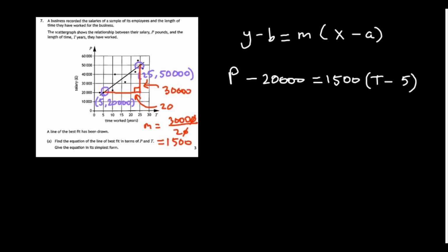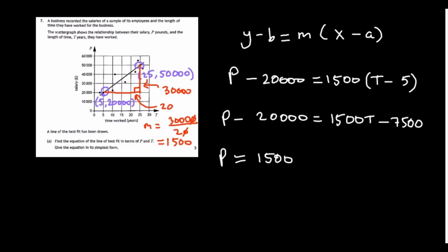And then we just rearrange everything. So 1,500t minus 7,500. And that gives p equals 1,500t, and then 20,000 minus 7,500, that would be 12,500.